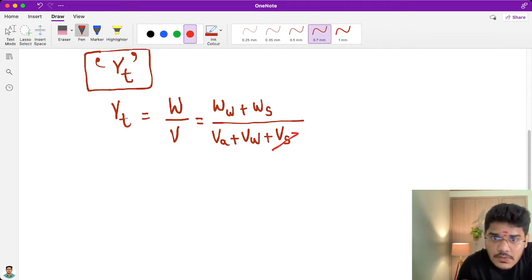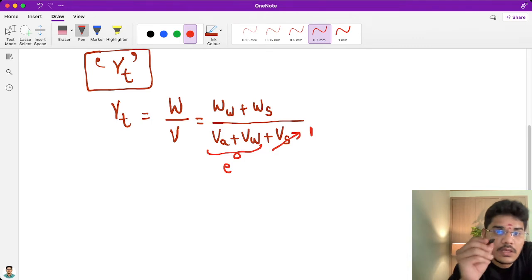So this is equal to 1 according to our assumption, and this will be equal to e. Why e? Since void ratio is equal to volume of voids to the volume of solids. If volume of solids is equal to 1, then void ratio is equal to volume of voids.